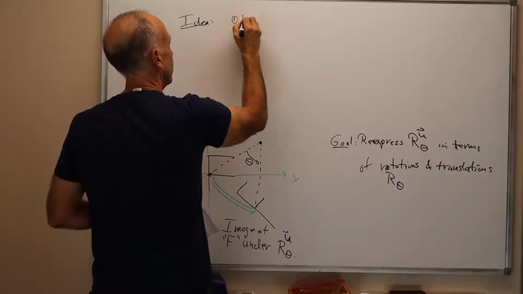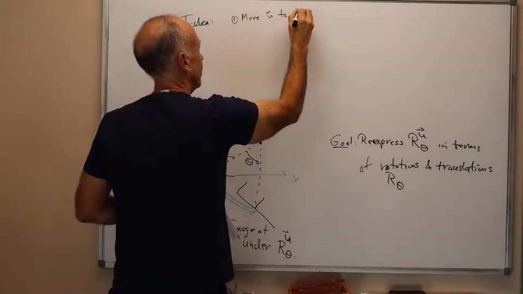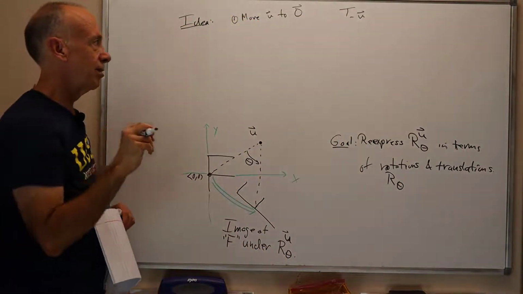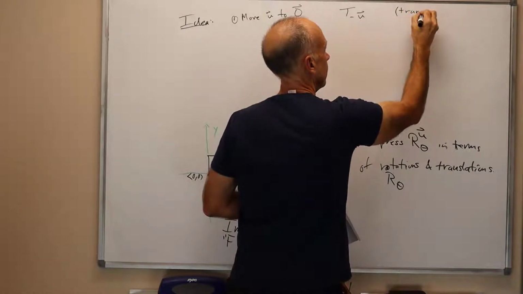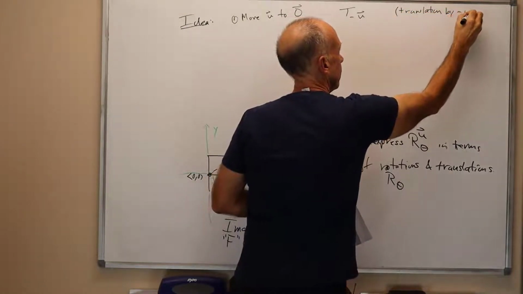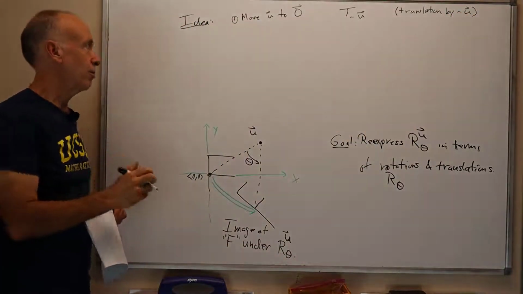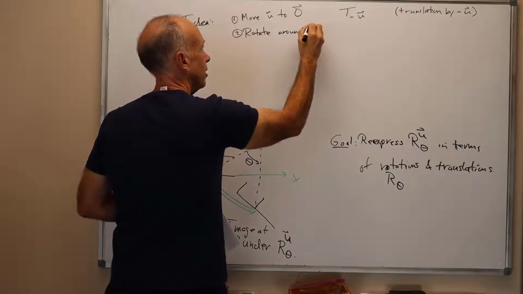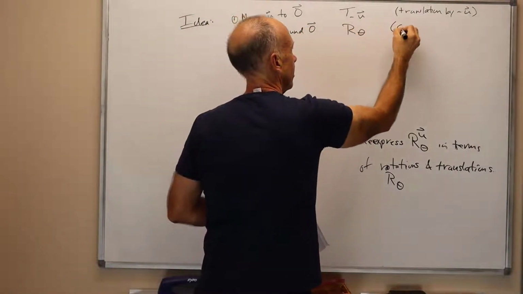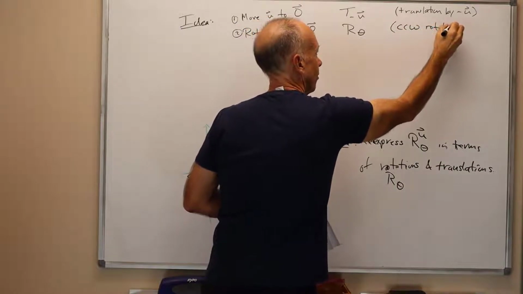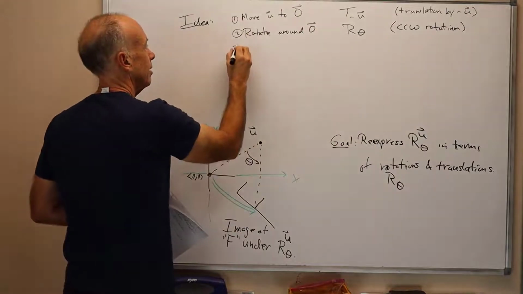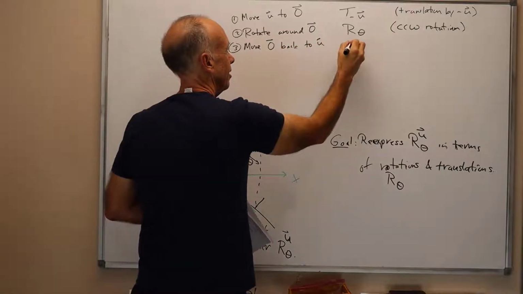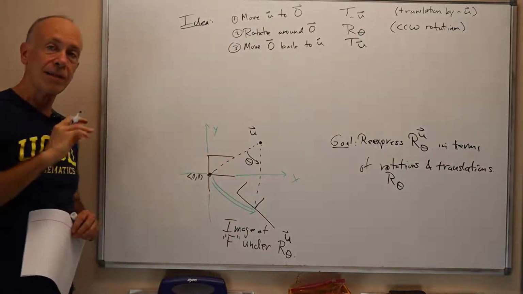First, move u to 0, and this is done using t minus u, translation by minus u, because translation by minus u will shift u to the origin. Then step two is to rotate around the origin, and that's r theta. This is counterclockwise rotation, holding the origin fixed. And then we move 0 back to u, which is done by translating by amount u.